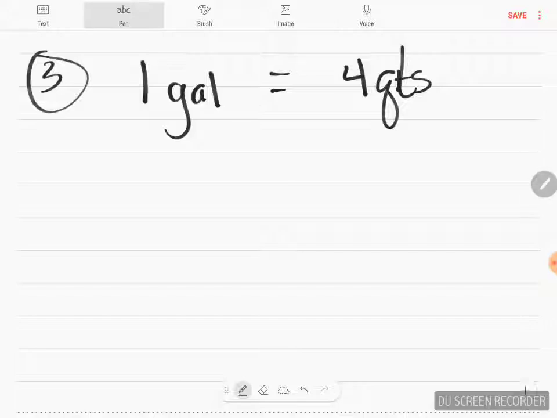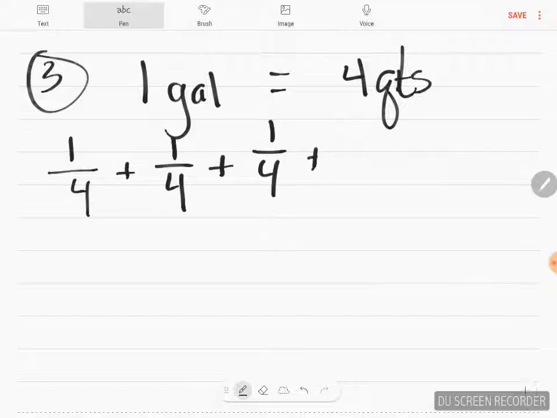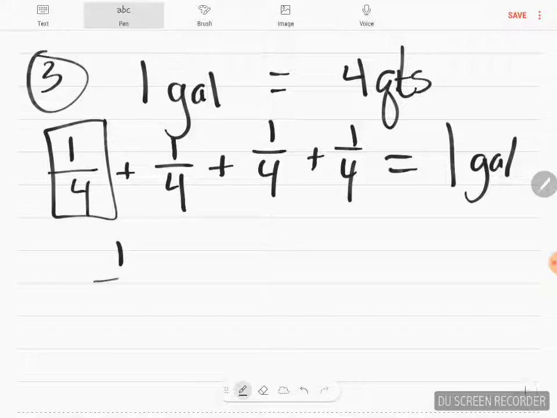It takes 1/4 plus 1/4 plus 1/4 plus 1/4 to equal 1 whole gallon. So for the percentage of 1 quart, we take this 1/4. They want to know the percentage, and we know that 1/4 is the same as 25%.